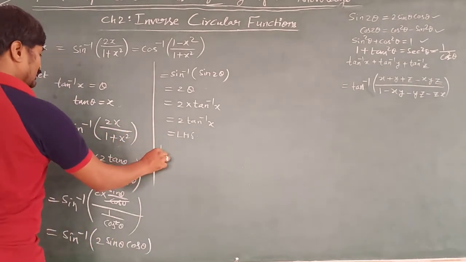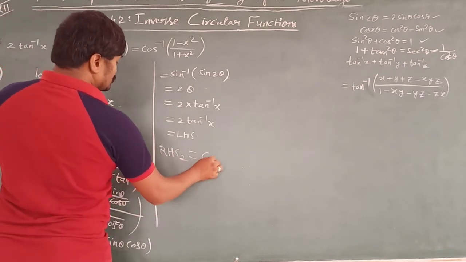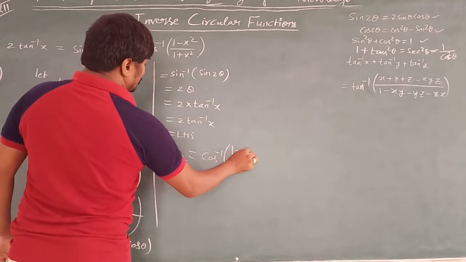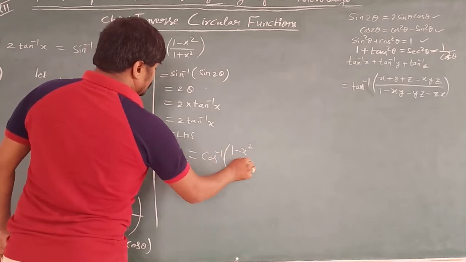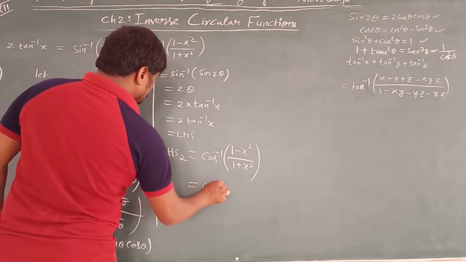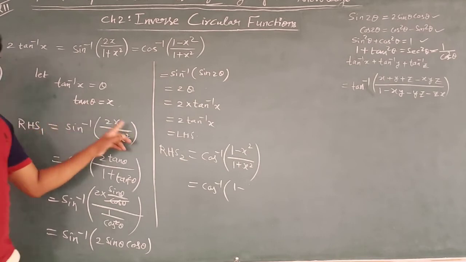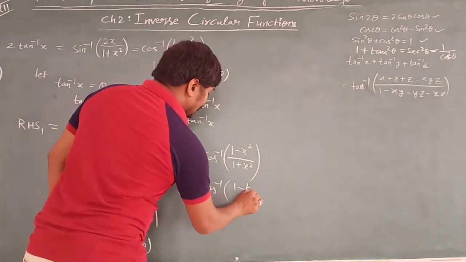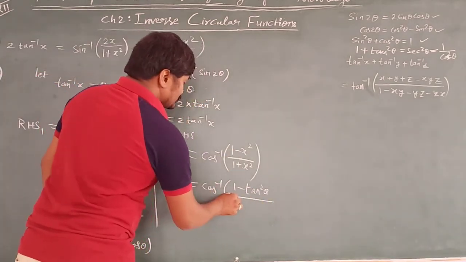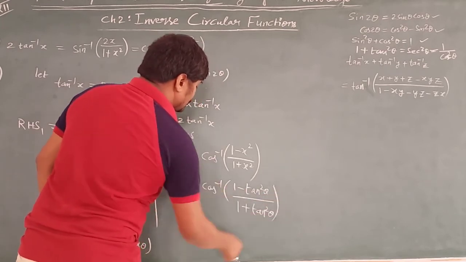Now we need to go for RHS2. What is your RHS2? Cos inverse 1 minus x square upon 1 plus x square. Now x is tan theta, so x square means tan square theta. So again we have 1 minus tan square theta upon 1 plus tan square theta.